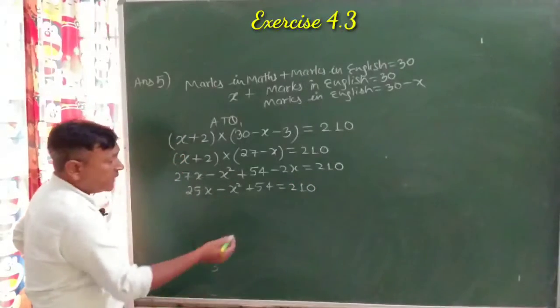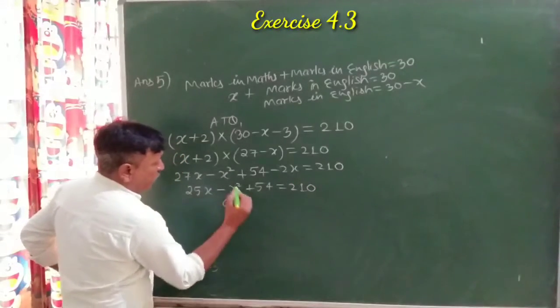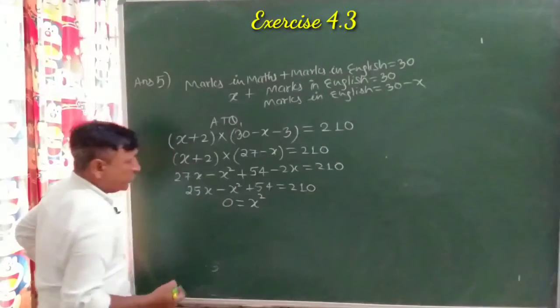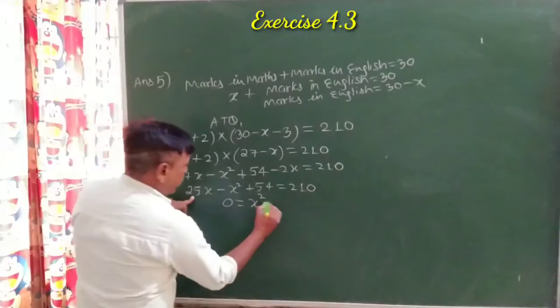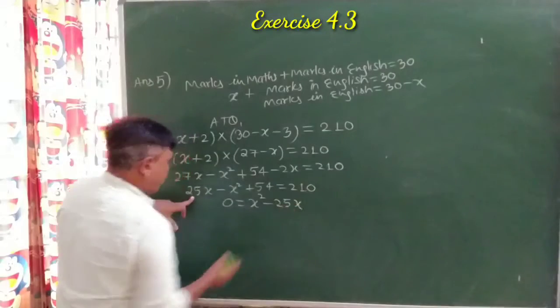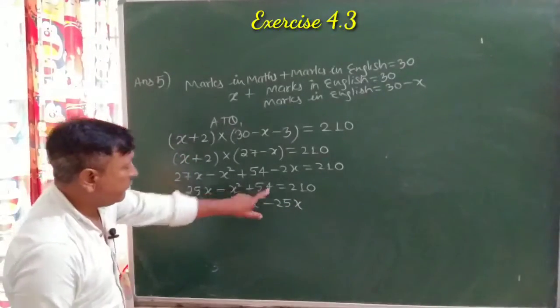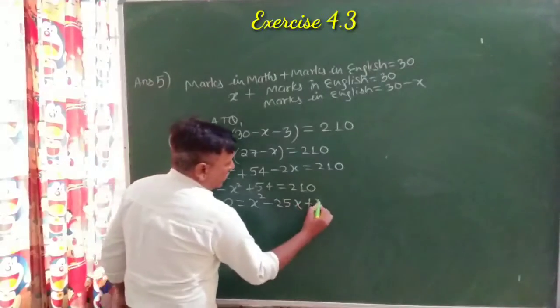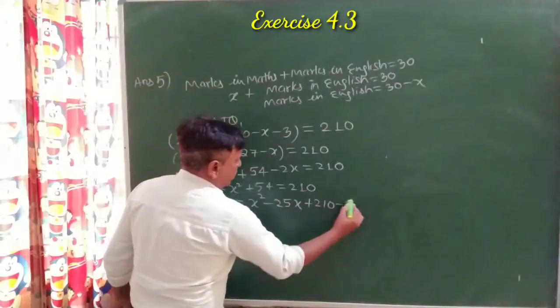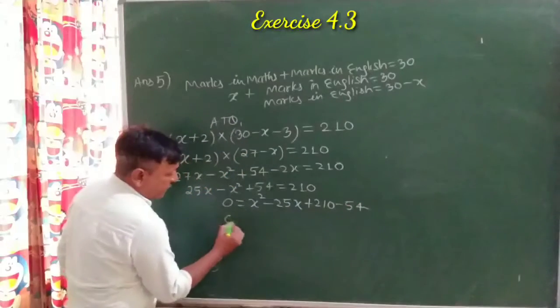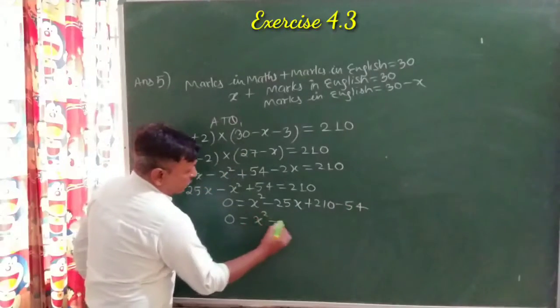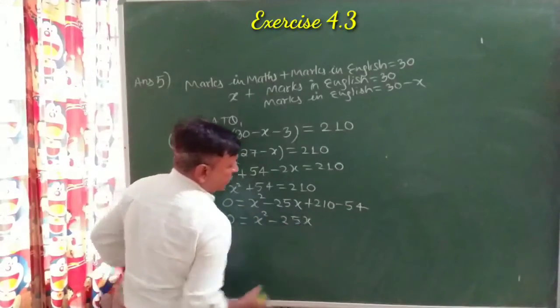Okay, transpose everything to the right hand side. 0 equals to x square. It is positive, it will go negative. This we had transposed, this we had transposed. What is left? 54. 210 is already here. 54 will come in minus. So subtract it. 0 equals to x square minus 25x.